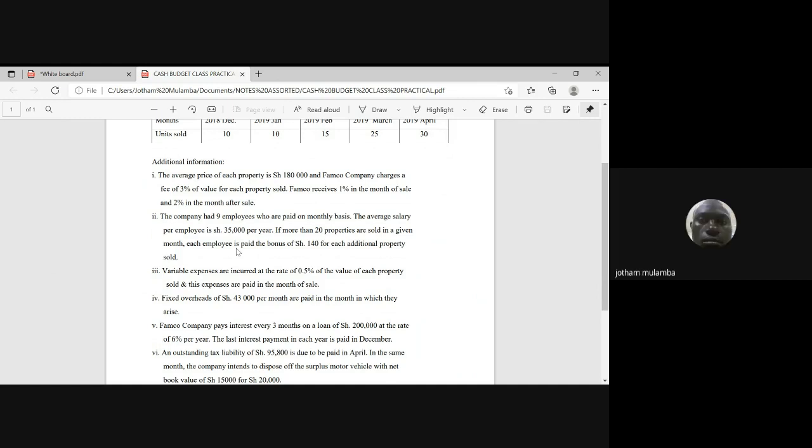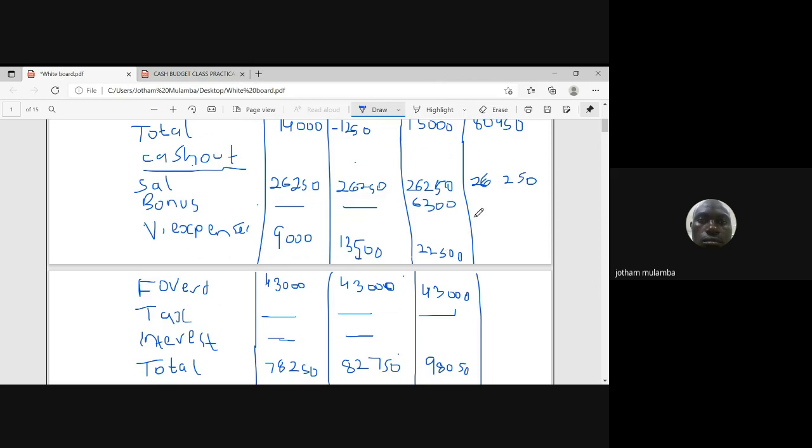So how many properties did you sell above 20 for the month of April? 10. So we multiply 10 by 140, then by 9, the number of employees, because each employee gets 140 shillings as a bonus. What's the answer? 12,600. So we record here.